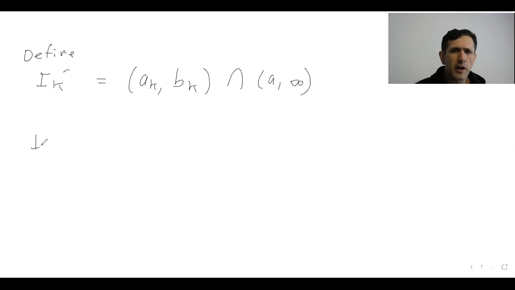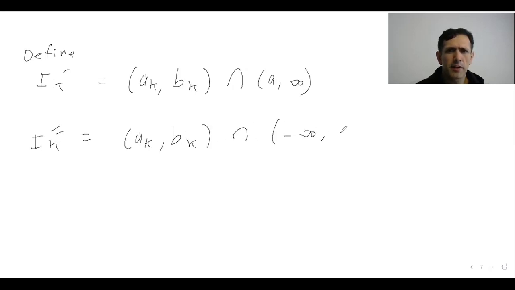Okay, and let's define I_k second prime to be (a_k, b_k) intersect (minus infinity, A).